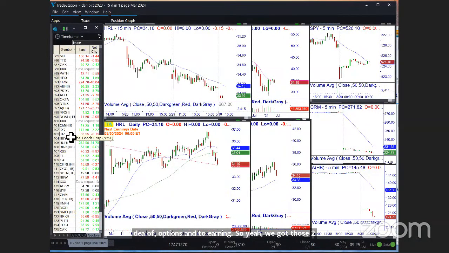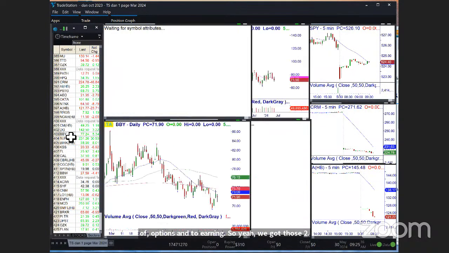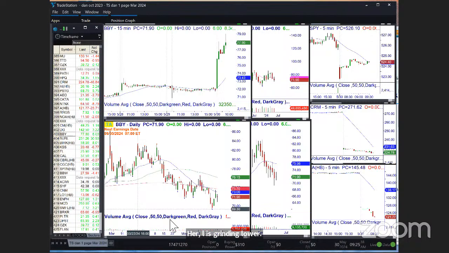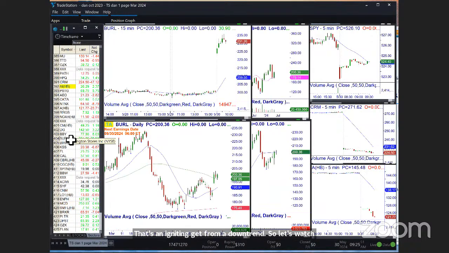Hurl just grinding lower. Yeah, that's exactly right. BBY 7. That's a pro gap. That's an igniting gap from a downtrend. So let's watch that on a pullback. Burl, I love this gap. I love this bar. I was saying the last couple days, if it didn't have earnings this morning, I love this pattern.